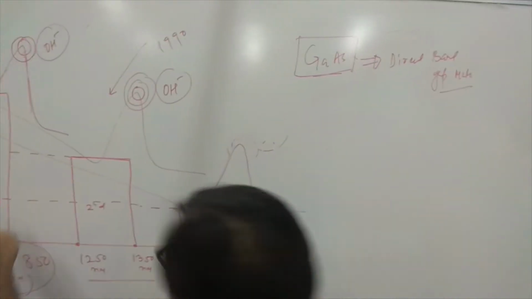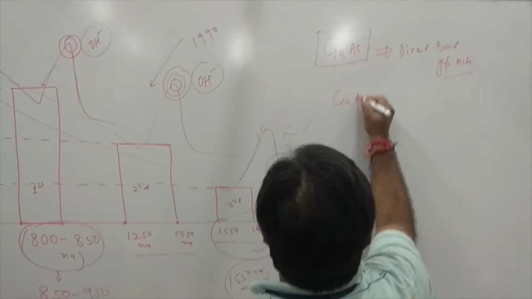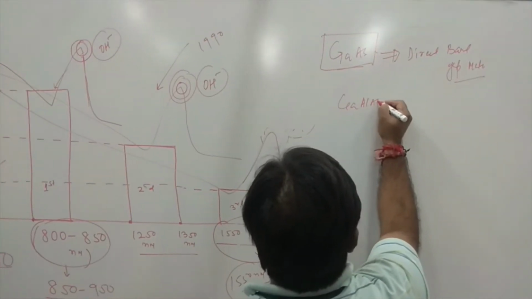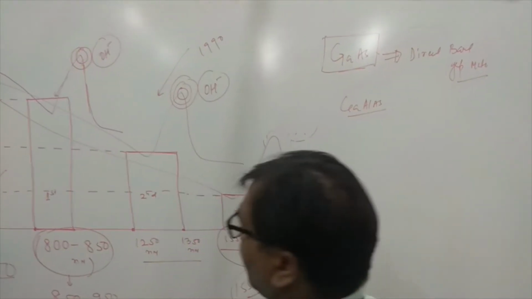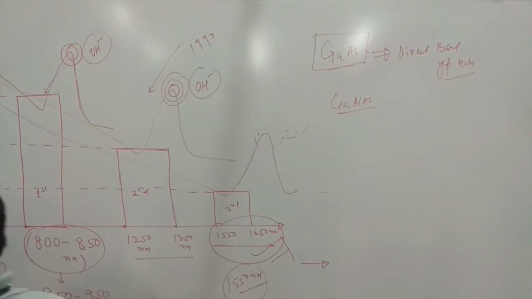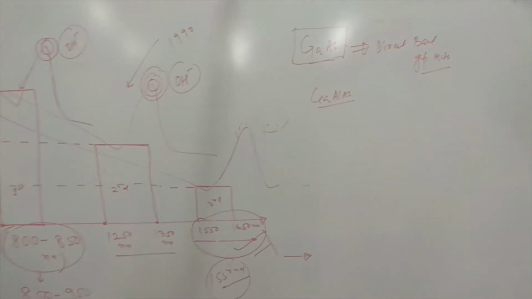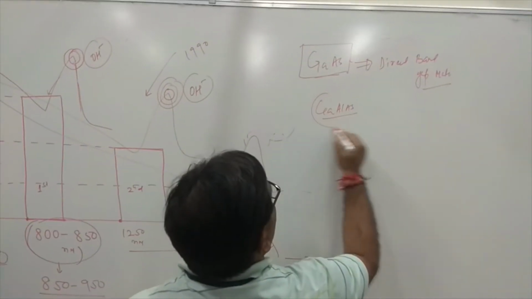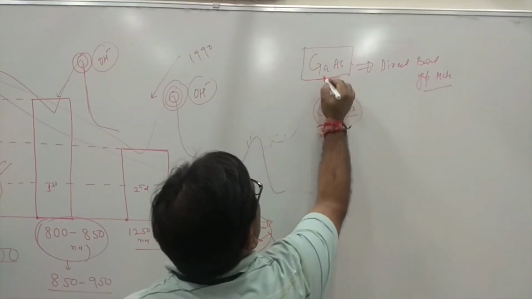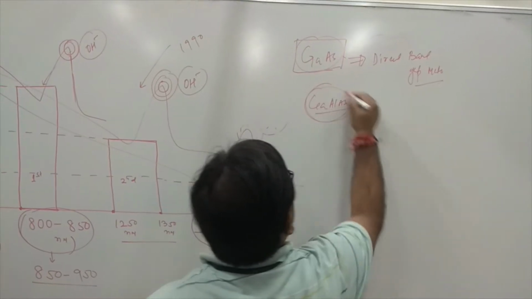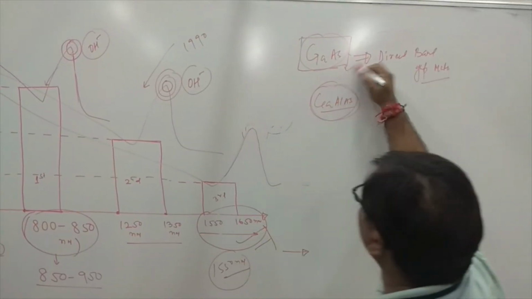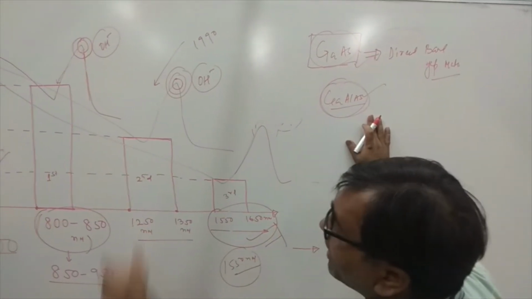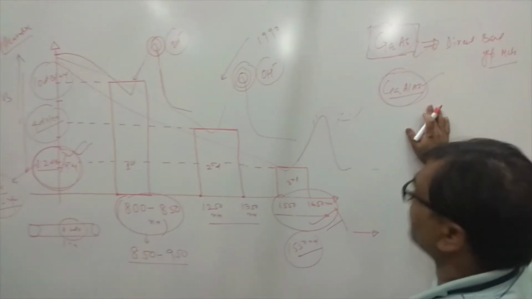Same in the case of the second one, gallium aluminum arsenide. We can understand that these direct band gap compositions, these direct band gap materials, can reduce this attenuation.